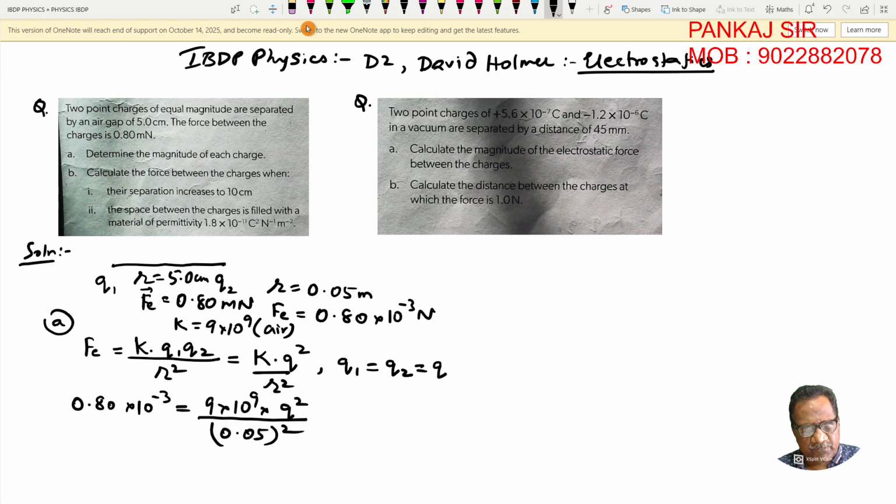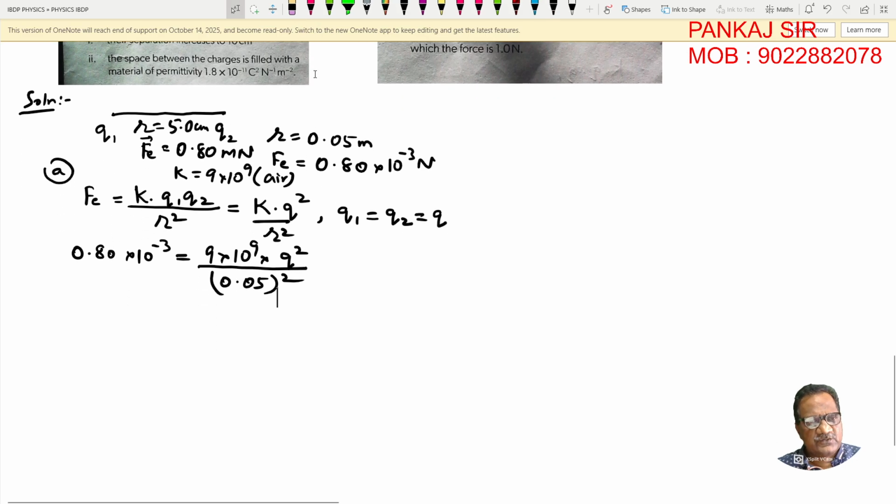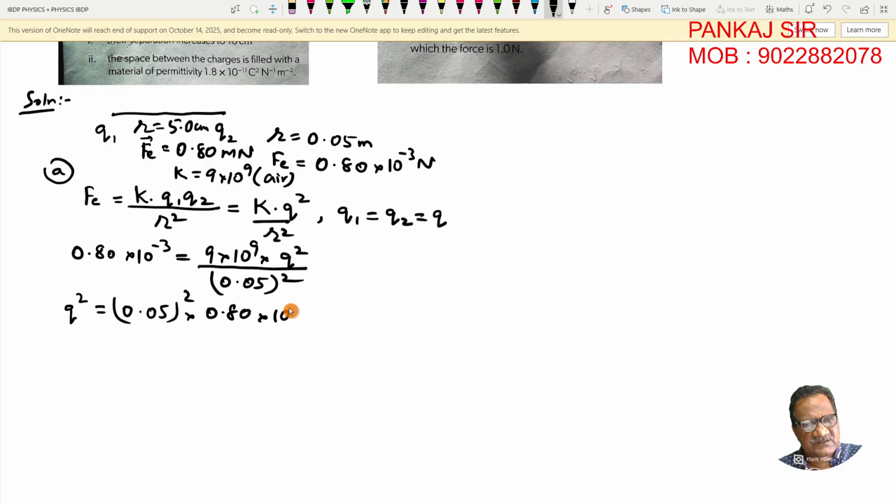On rearranging, you can make Q square the subject of this formula. So Q square will be equal to 0.05 squared times 0.80 into 10 raised to minus 3, whole thing divided by 9 into 10 raised to 9.